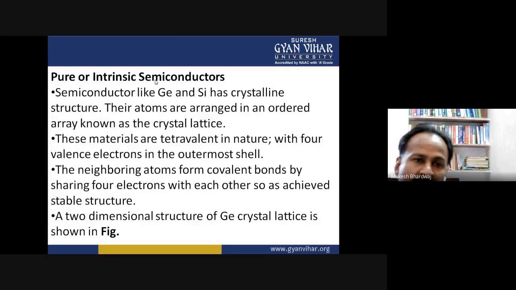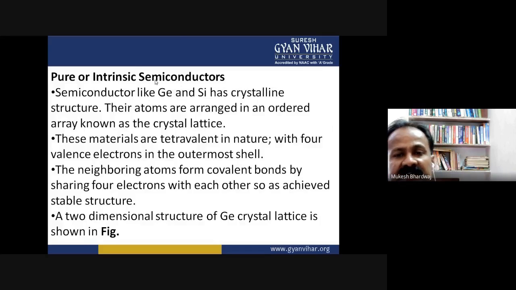Next, pure or intrinsic semiconductors. Semiconductors like germanium and silicon have a crystalline structure. As we observe the periodic table, the atoms arranged in the third, fourth, and fifth groups are of crystalline structure, and the fourth group elements have a purely crystalline structure.